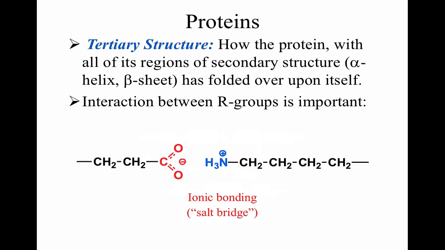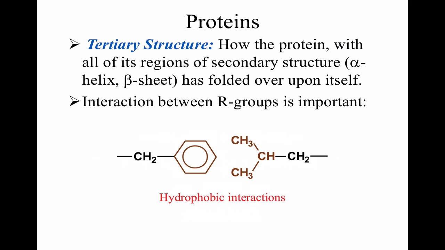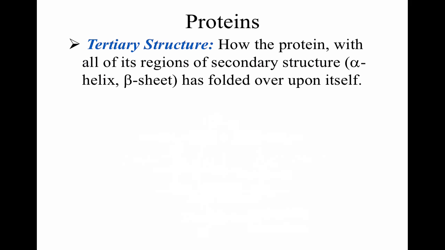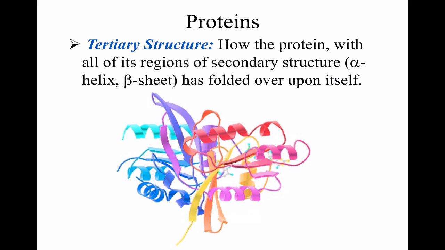Maybe on the exterior. They like water, right? So for example, you typically find things like serine residues on the outside of a protein because they like water, right? And so this is an example of tertiary structure.